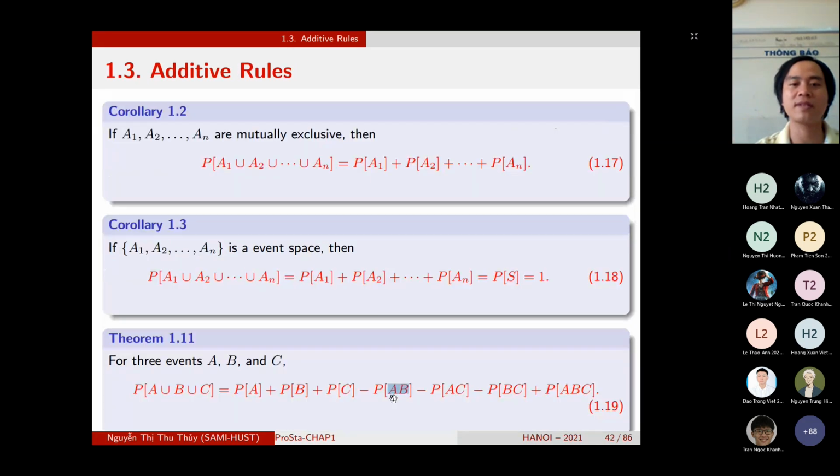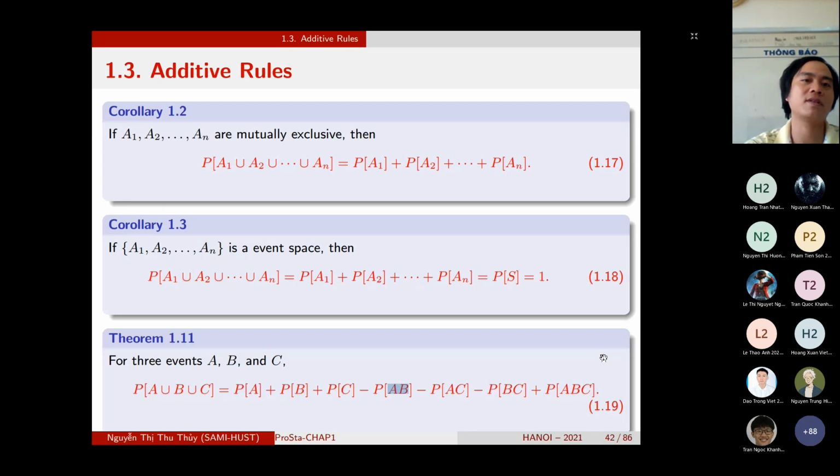So if you draw the Venn diagram, we can see that when you count the number of outcomes of the union of A, B, and C, firstly you count each outcome of A, B, and C. Then you see that the outcomes of the intersection between two events, AB, AC, and BC, are counted two times, so you subtract that, and then you add the common part among the three events.